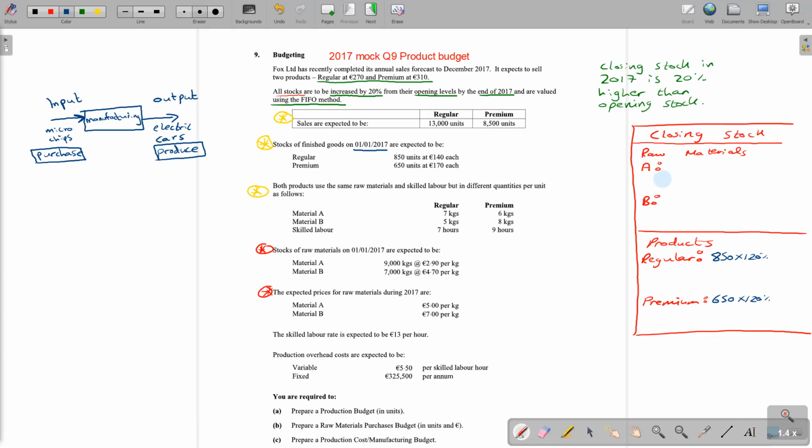We have 9,000 and 7,000. Again at 120%. We are then given 10,800, sorry, and 8,400.